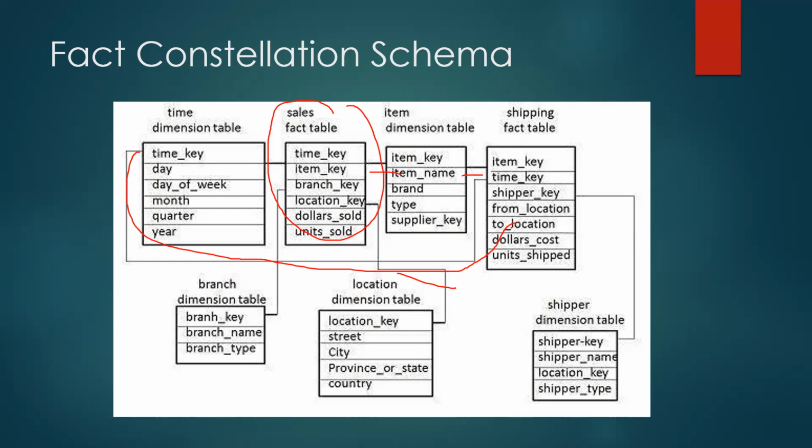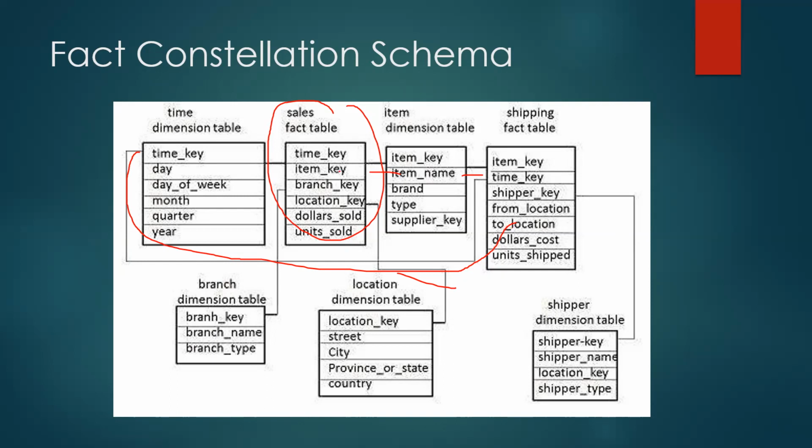If you look at this example, it's your sales and shipping data. The sales table is the same as the star schema, there is no change here.